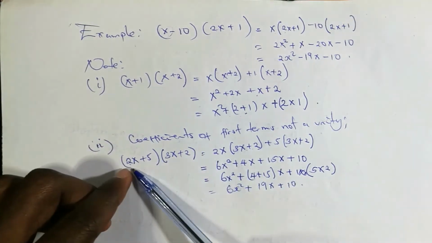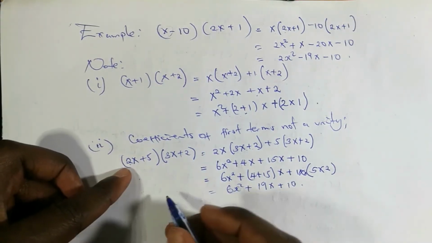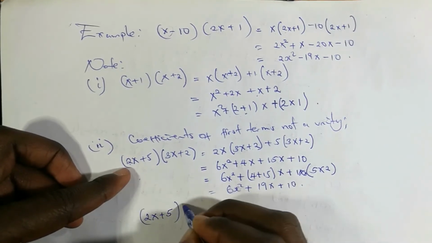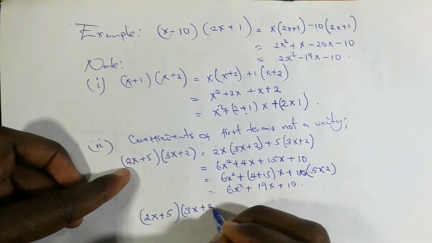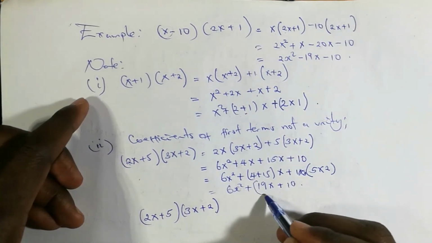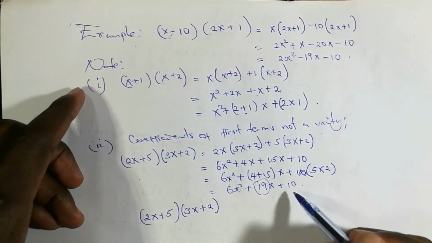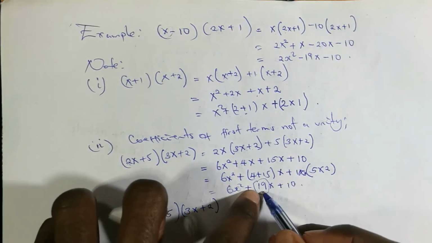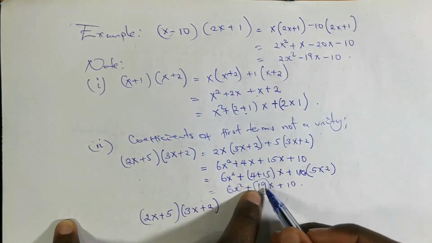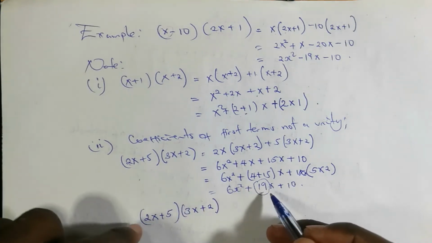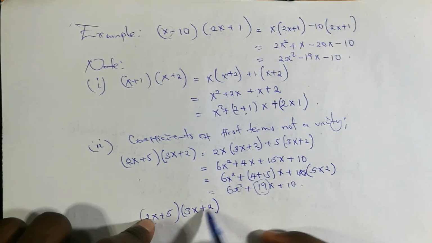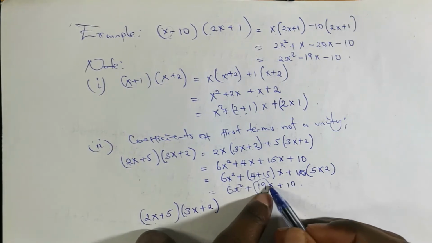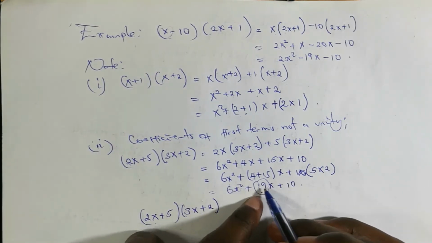I want us to realize one thing. Let us look at this once again: 2x plus 5 into 3x plus 2. We're going to get a pattern of how we get the coefficient of x, the one in the middle, 19x. The highest power here is x to power 2, and we go to the next one below that, which is x to power 1, which is 19.